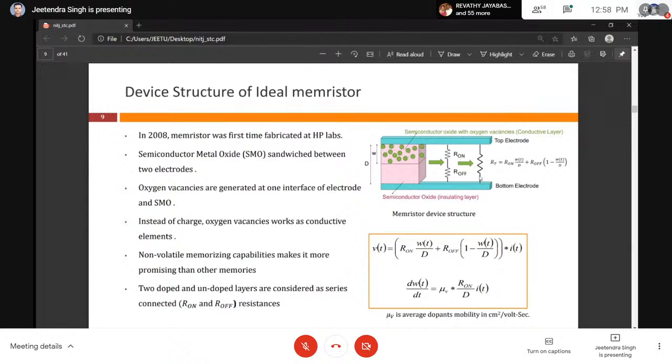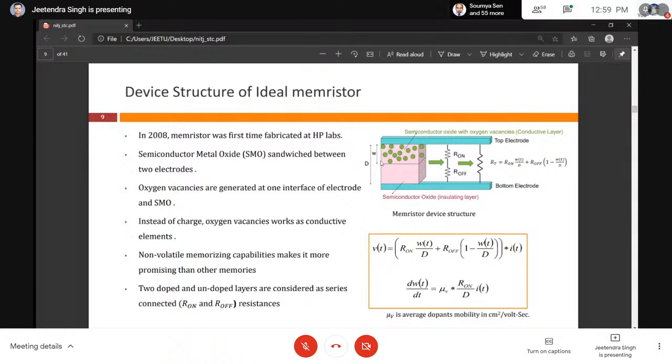If you want to determine the whole resistance of the device, then R total can be realized as R on, which depends upon W by D, so it is conducting width dependent, plus R off, that is the insulating layer thickness, which is 1 minus W by D. If you want to draw the characteristics of this memristor, the current-voltage relation can be realized as R on W by D plus R off (1 minus W by D). So you can see that the resistance of the device is basically position dependent.